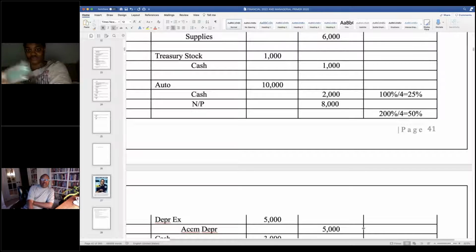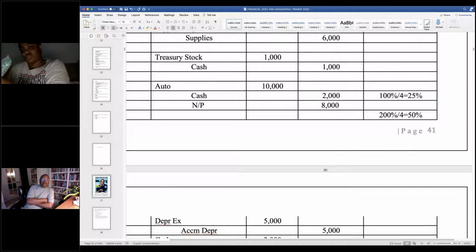Suppose you sold this car for $3,000 at the end of the year. What are you going to do then? If I sold it for $3,000, what journal entry would I make?